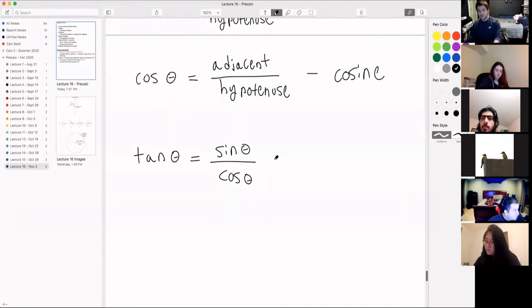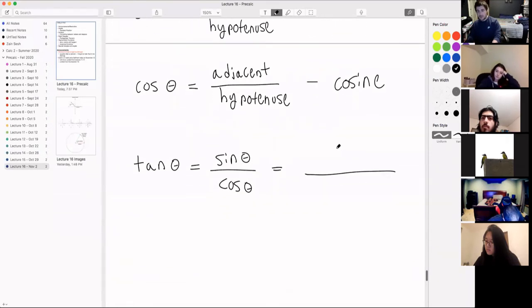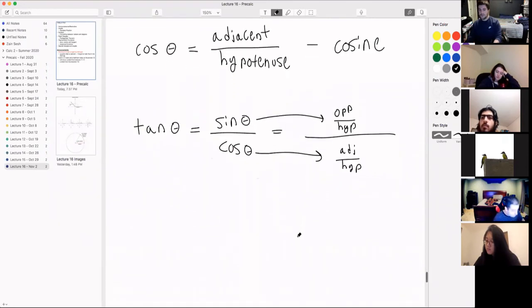So we can actually work this out explicitly. So sine of theta, remember, by definition, is opposite over hypotenuse. So that's sine of theta. And then cosine of theta is adjacent over hypotenuse, right?